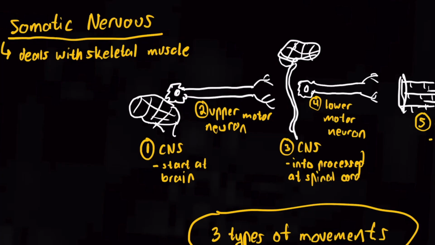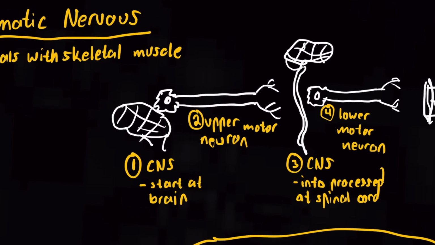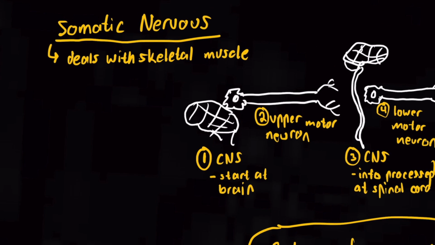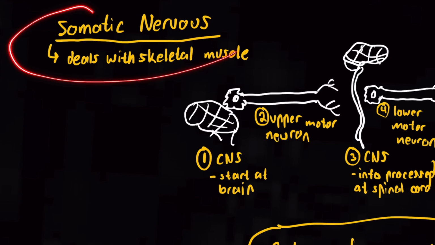Hello, class. Last time we looked at the autonomic nervous system, which is the component of the efferent nervous system that deals with the cardiac muscles, the glands, things like that. This time we are looking at the somatic nervous system.